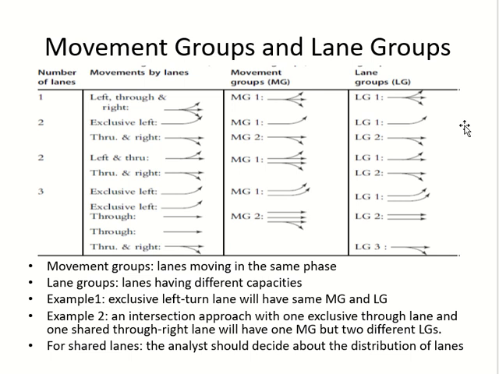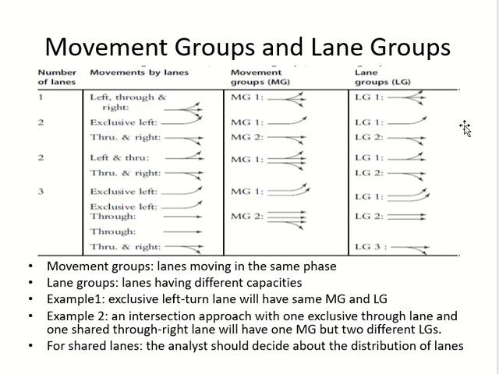Clear? If a lane or number of lanes have completely different movement from the others, then you can put them in one group. So for example, if all 5 of them are on the same road, these two have completely different movements than the others, so they will be in one group. These 3 have a common movement, so they have to be in one group. So group 1, group 2.